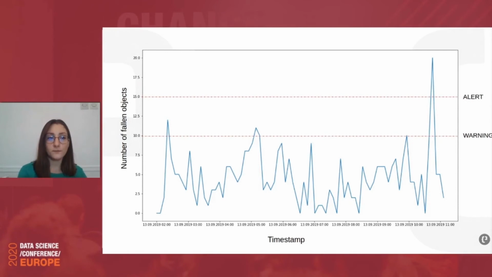Here you can see the number of fallen objects for a specific timestamp and whether some message was added. For example, if the threshold for a warning message is 10 fallen objects, here, here, and here, maybe here, all workers would get a warning message.